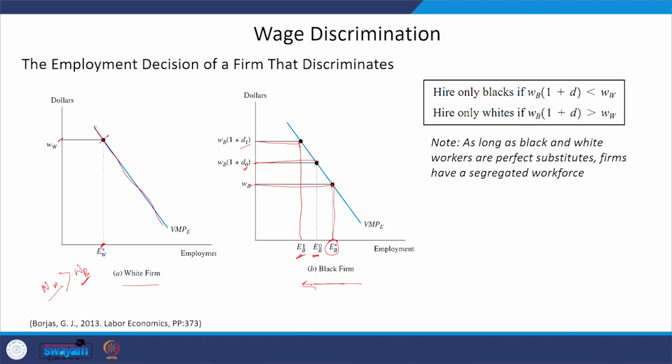Similarly, for the black firm, had it been a colorblind firm, it would have hired E star B workers at the going wage rate W star B, but the firm has some kind of discrimination. So, the discrimination coefficient is D0, and the firm is hiring E0B workers at the wage rate WB(1 plus D0). This discrimination coefficient is small enough that the firm still wants to hire an all-black workforce.